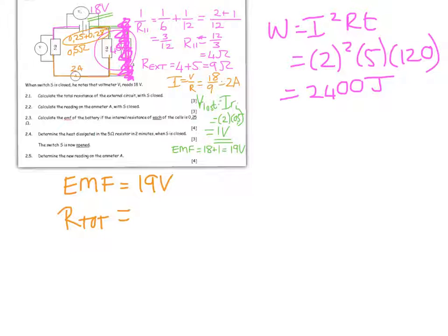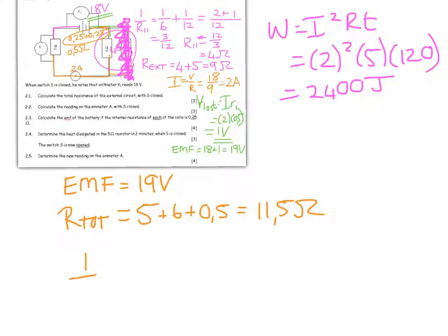My total resistance is 5 on the main branch, and I'm going to take 6 because now it's a series circuit off the main branch, so I just add them, 5 plus 6, and then I must not forget about my internal resistance of 0,5. So I'm going to say 5 plus 6 plus 0,5, and my total resistance is going to be 11,5 ohms.